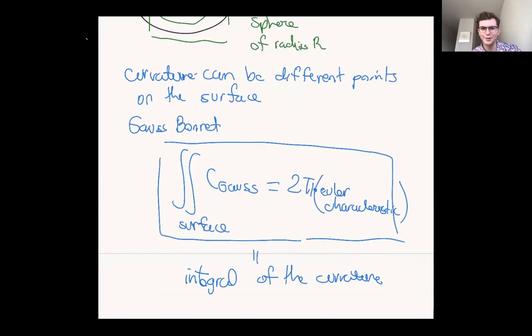Which is an amazing result. Remember the Euler characteristic, if you already forgot about it, which is totally fine, was 2 minus 2 times the number of holes, which we call the genus, right?